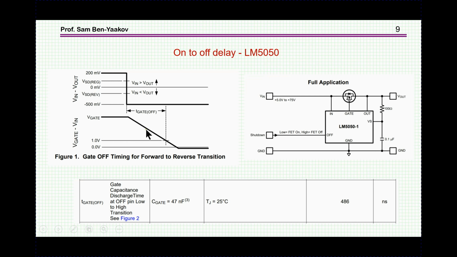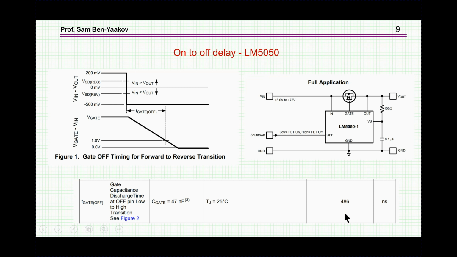And this is the time it takes to get to 1 volt, which I guess is below the threshold gate voltage of the transistor. Now the question, of course, is what is this time? From the table, I see that this time is 486 nanoseconds. Well, I don't know how they got this accurate a number. Let's say it's approximately 0.5 microsecond.